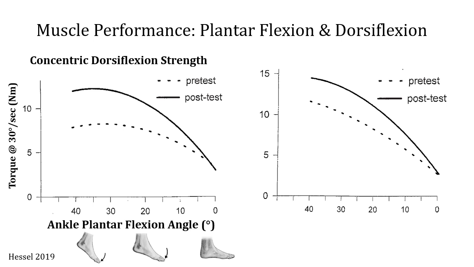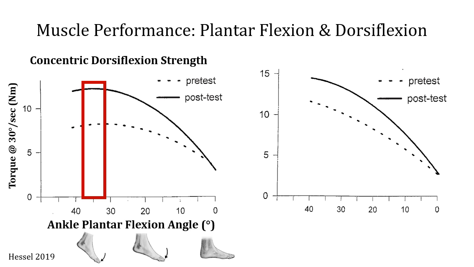This shows a similar relationship with the dorsiflexion. Again, you have torque on the y-axis, and then you have the ankle plantar flexion angle running along the x. And you can see that this is specifically for concentric dorsiflexion, where in a stretched, elongated position, that is in a plantar flexed position, the dorsiflexors are able to achieve their peak torque around 35 degrees or so.